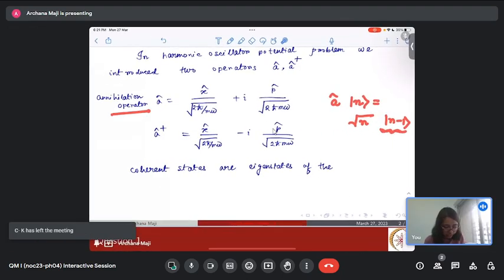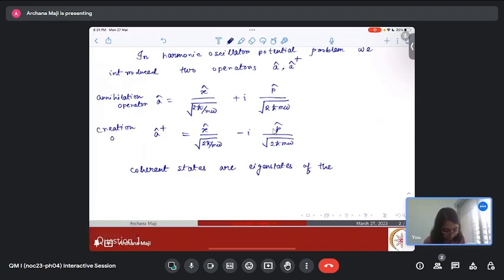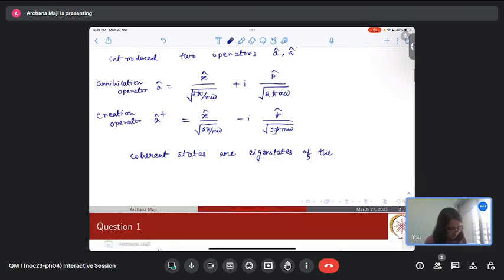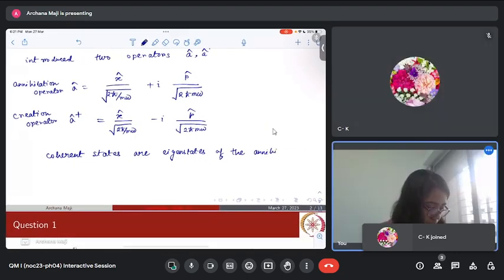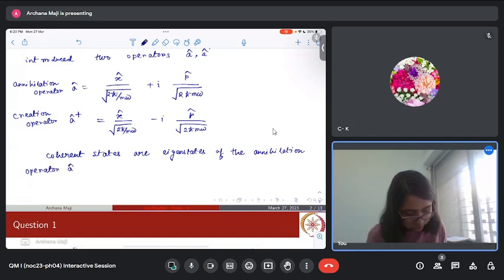That's why we call it the annihilation operator, and A dagger is the creation operator. So we express the coherent state as alpha. A acting on alpha gives the eigenvalue alpha and that state back.